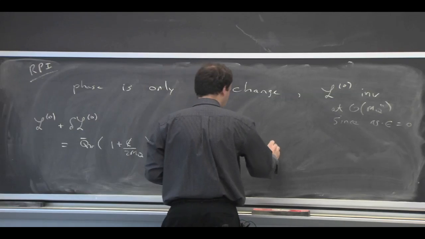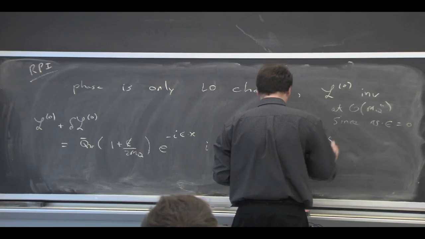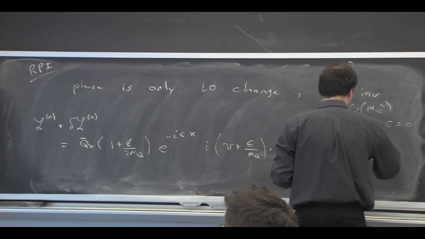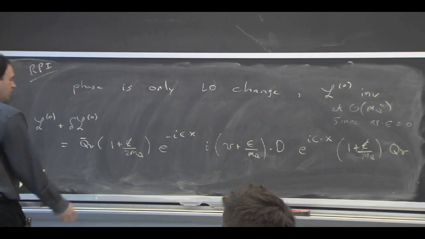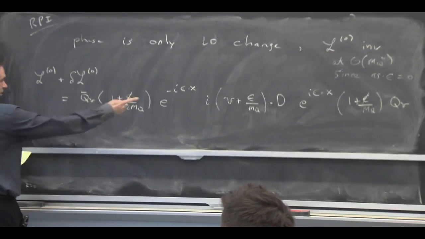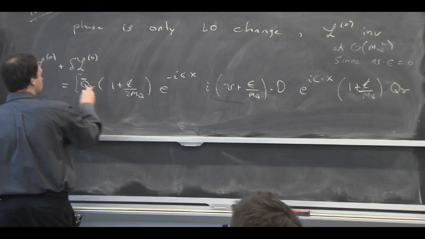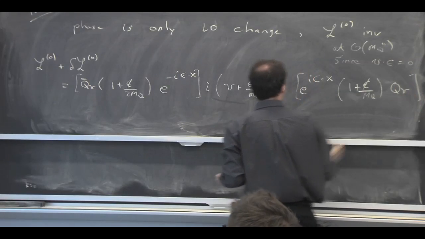Transforming everything. This is our leading order Lagrangian. After imposing the field change as well as the v change, the v dot D becomes this, and the field becomes that. So there's 3 things here that are being changed.